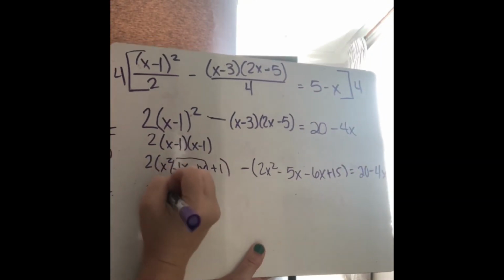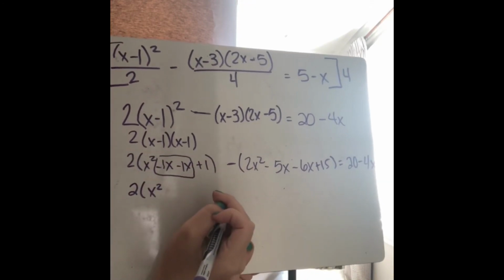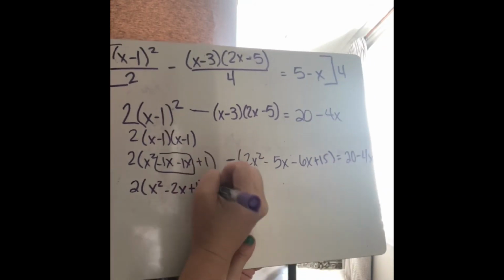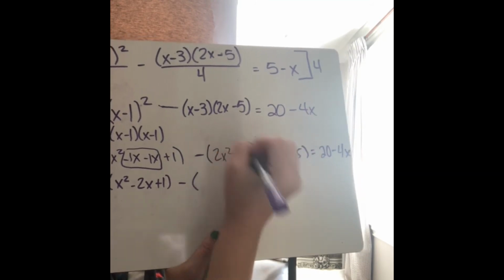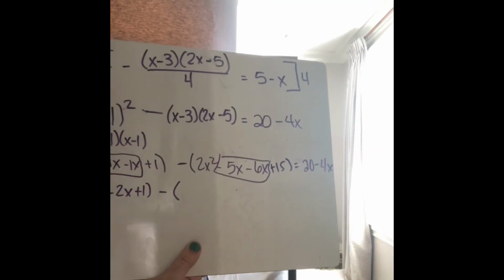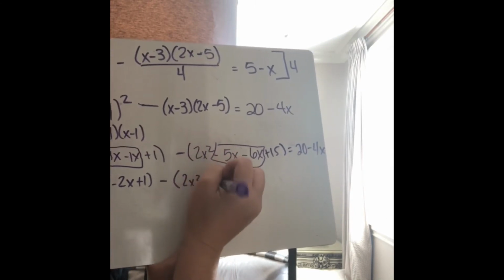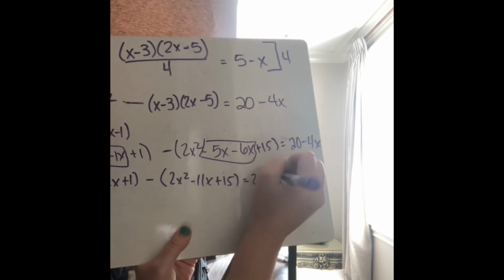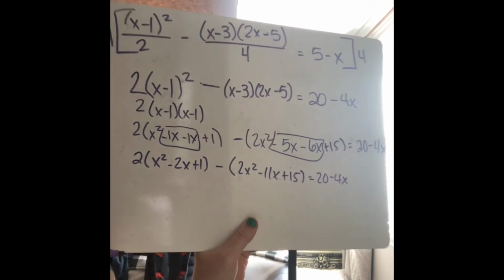So we have 2 times (x squared, and then negative 1 minus negative 1 is negative 2x, and then plus 1). And then over here, let's combine these. Negative 5x and minus 6x would be negative 11x plus 15 equals 20 minus 4x. Okay, so now we're just going to continue simplifying.